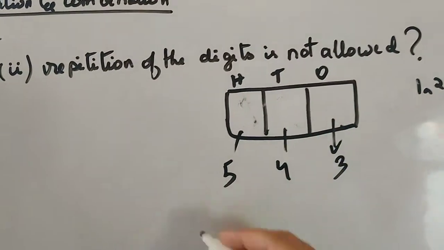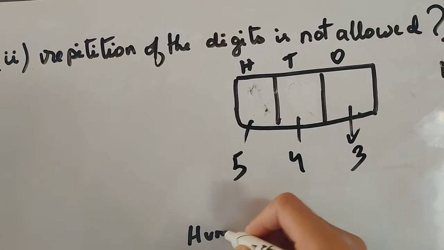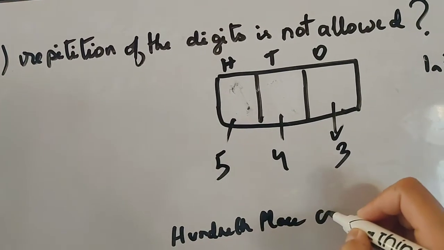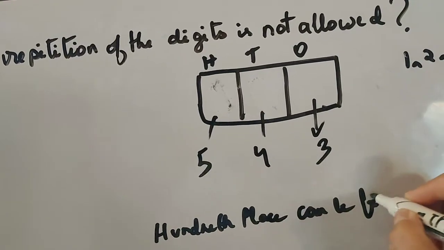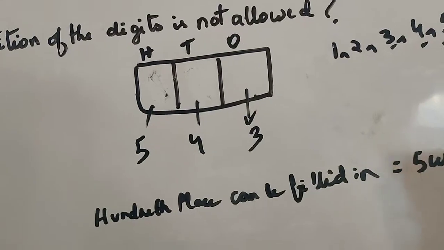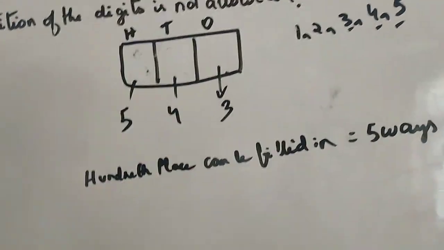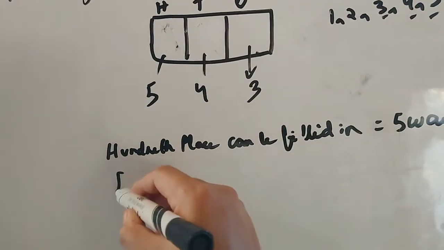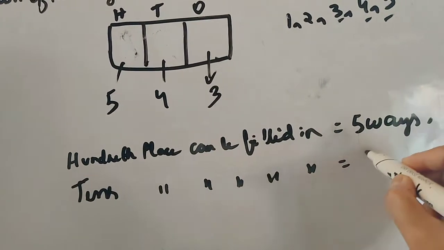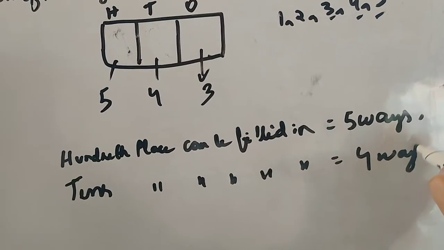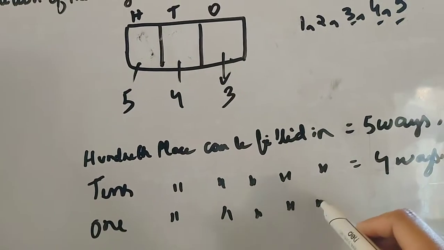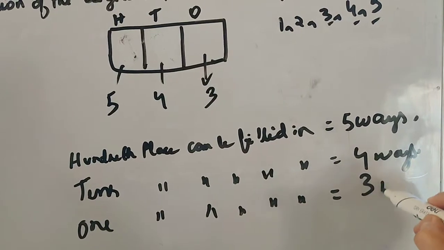Now you will write: 100 place can be filled in 5 ways. Next, the 10th place can be filled in 4 ways. And last, the 1 place can be filled in 3 ways.